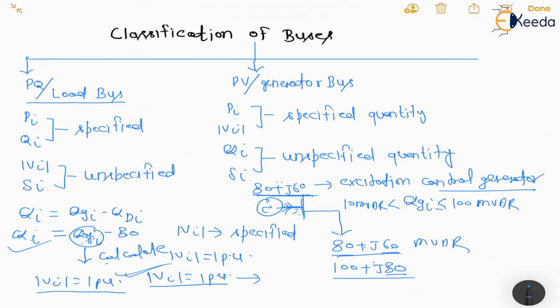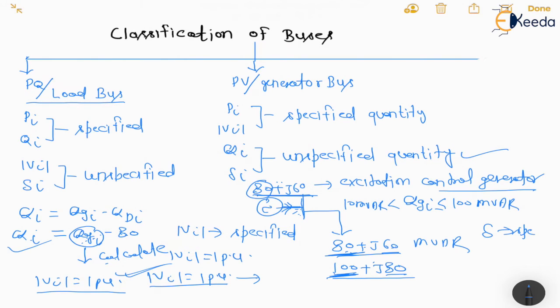So here you can see easily that I have written that Qi will become an unspecified quantity, and in the case of delta we can easily say that delta does not need to be specified. When 80 active power was demanded and 80 was supplied, and after that the active power demand has become 100, the active power generation is still 80.